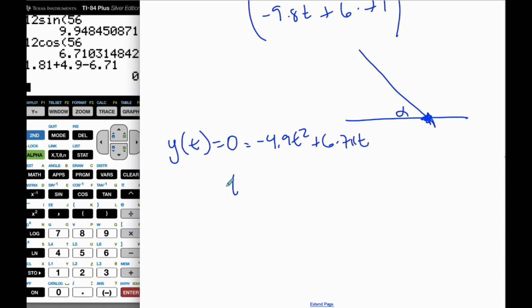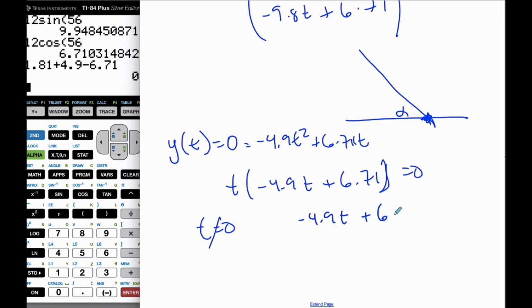Solving for t, I pull out t as a factor: t times negative 4.9 t plus 6.71 equals 0. So t could be 0. Well, that's when it starts, so that's not the one we want. Or negative 4.9 t plus 6.71 is 0. So t will be 6.71 divided by 4.9, and that is 1.369. So at 1.369, it hits the ground.